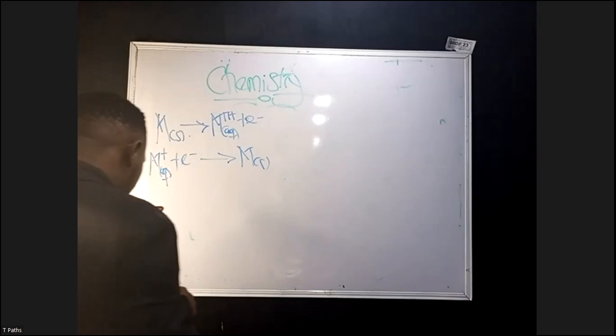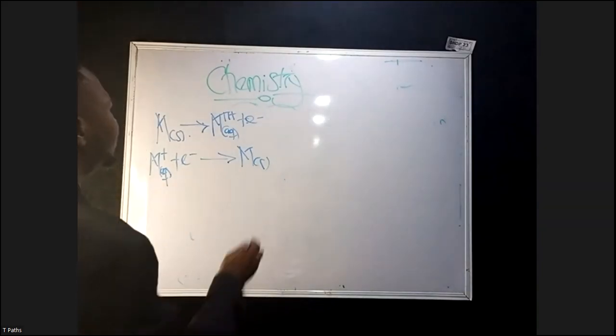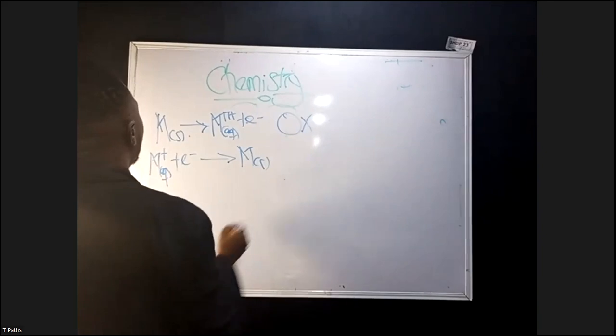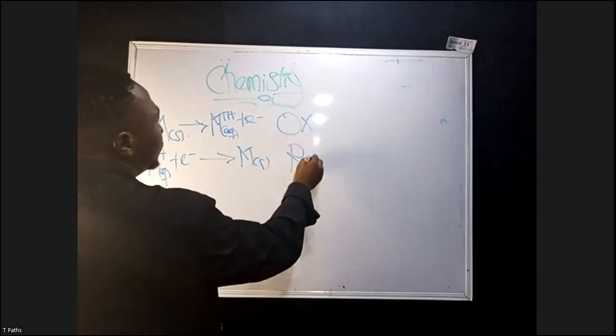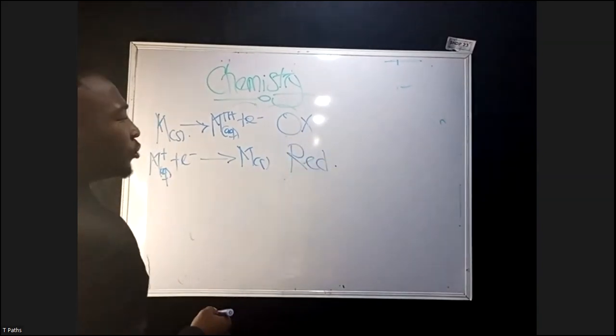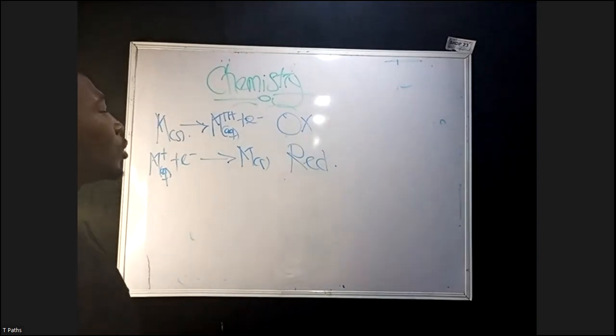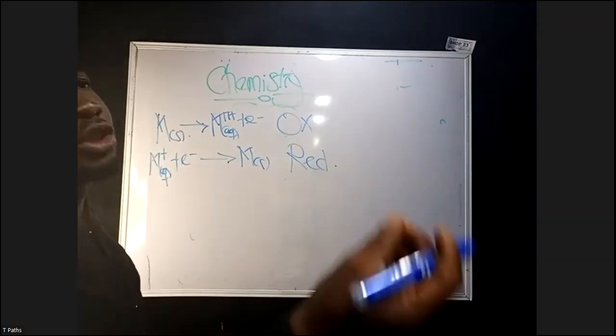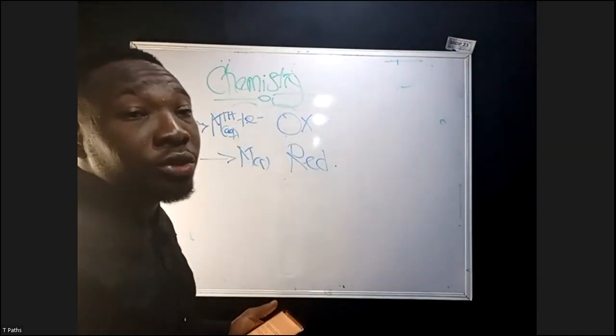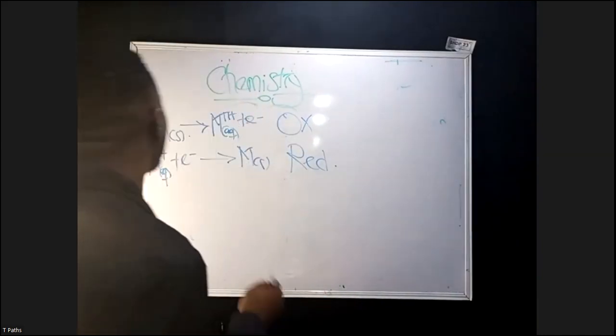Now, we can see that this itself is oxidation, and this is reduction. Oxidation, reduction. And from this, we form what they call oxidized and reduced species in this couple here.